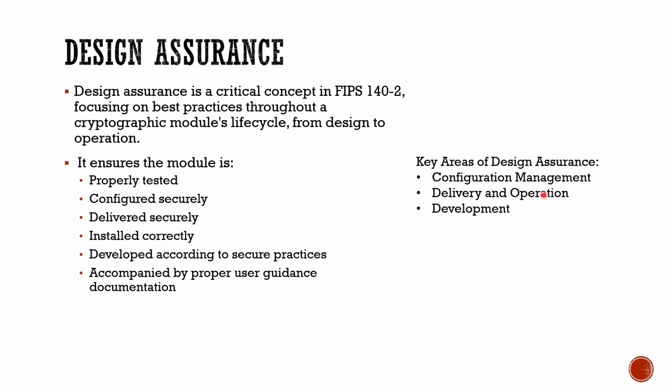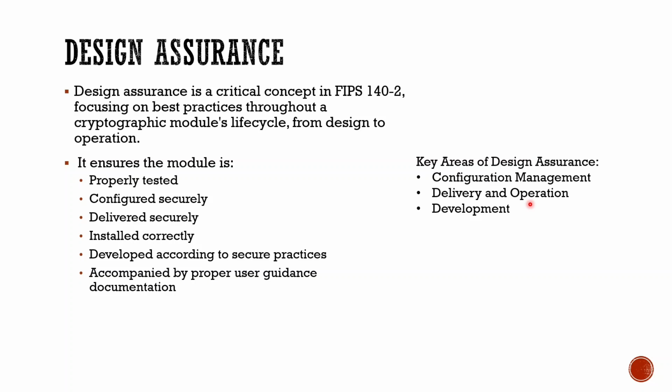Firstly, configuration management. System tracks all the versions of the module, components, and the documentation. Each version has a unique identification number for control and traceability. During delivery and operation, the security requirements are specified for secure delivery to the authorized operators.